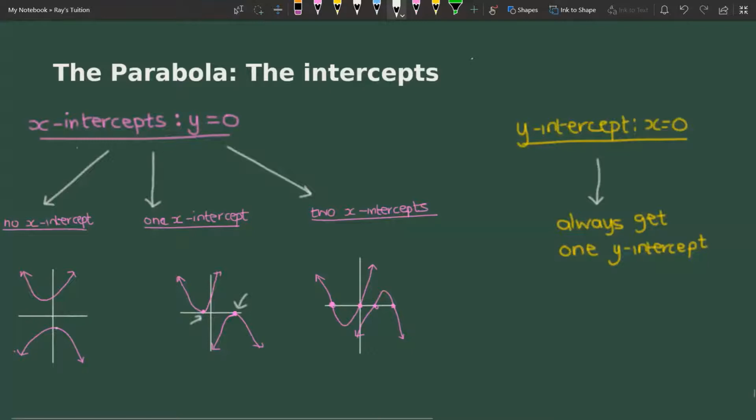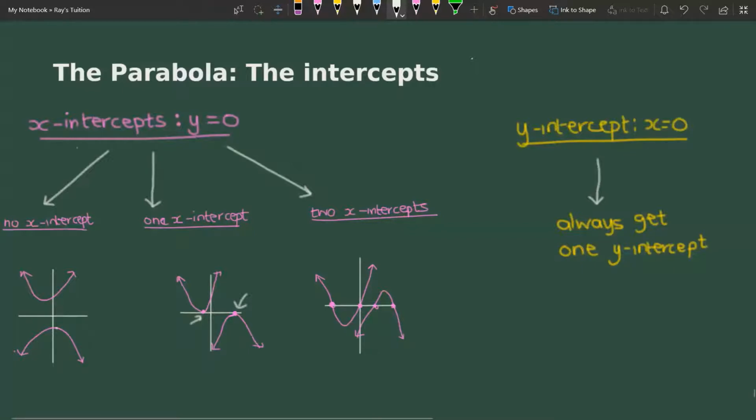The last case is when we have two X-intercepts, and this occurs when it is not any of those two cases that we spoke about. So in a positive parabola, when the minimum value is smaller than 0, or a negative parabola when your maximum is bigger than 0, in those cases we would have two X-intercepts.